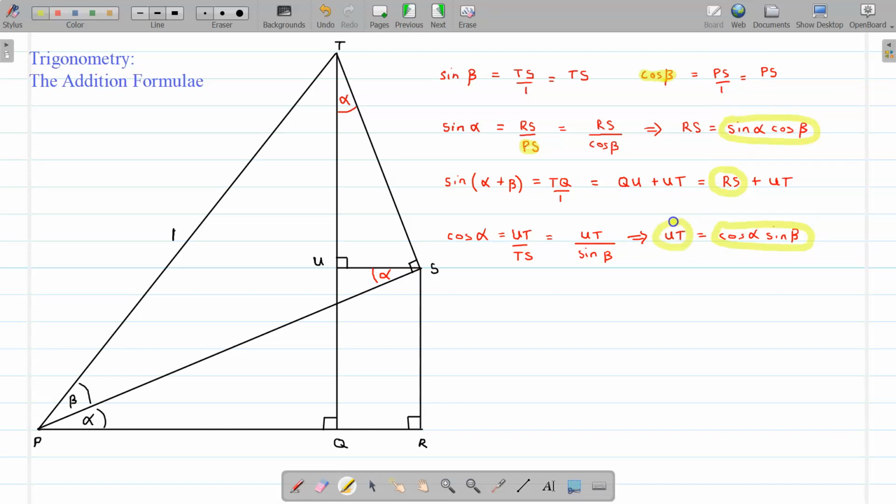Okay, so if I take those 4 items there in the yellow rings, then I can say that the sine of alpha plus beta, so the result we've got here is that the sine of the angle that's made of alpha and beta added together is equal to QU plus UT, which is the same as RS plus UT, which is the same as sine alpha times the cos of beta plus the cos of alpha times the sine of beta.